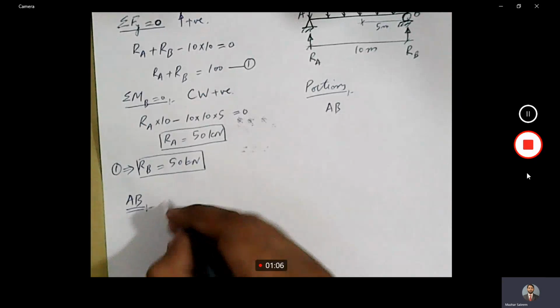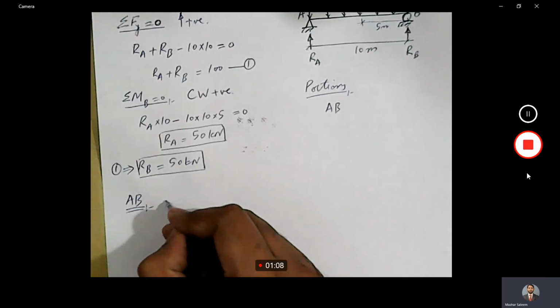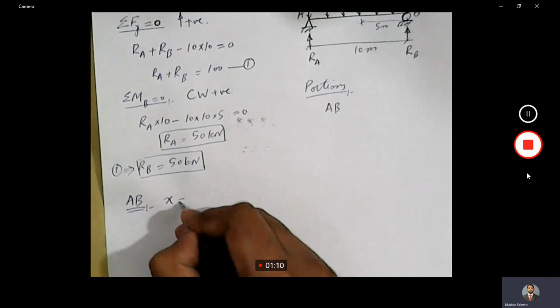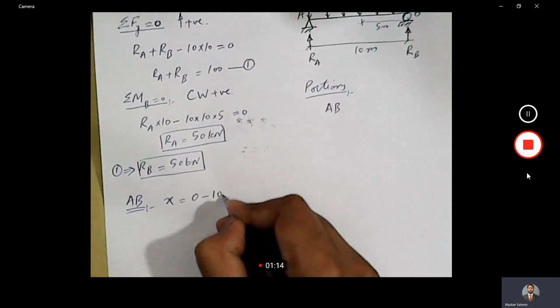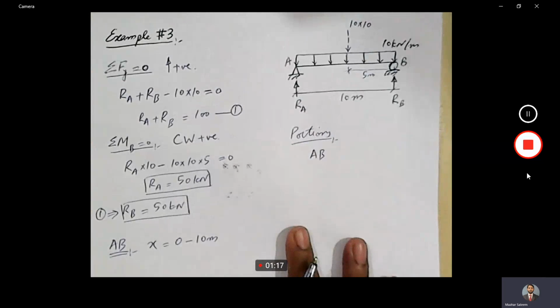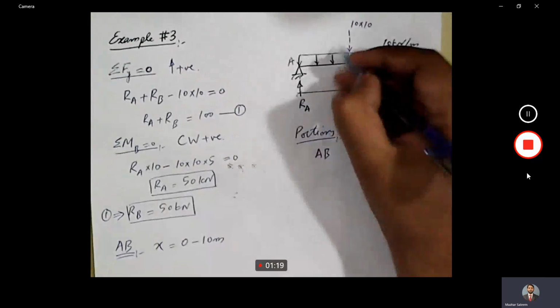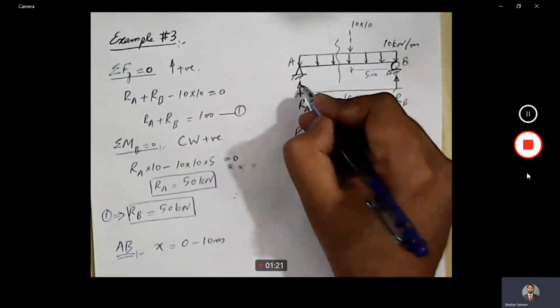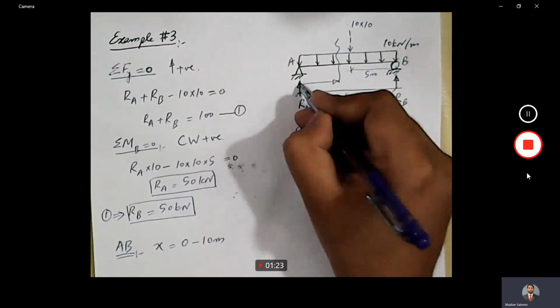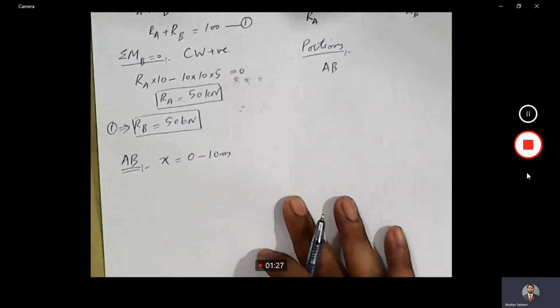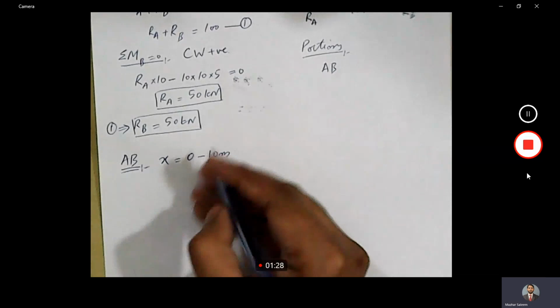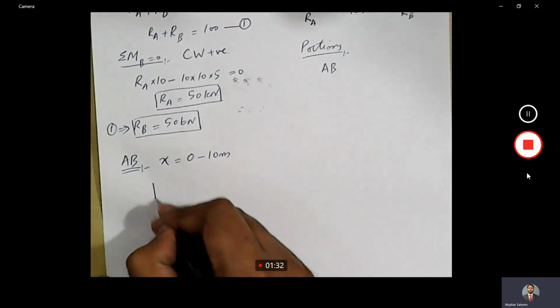For portion AB, what is the value of X? X starts from 0 and it goes up to 10 meters, because if we consider a section here, this is X. Okay, so let me draw the free body diagram.